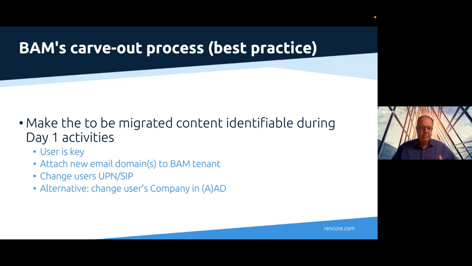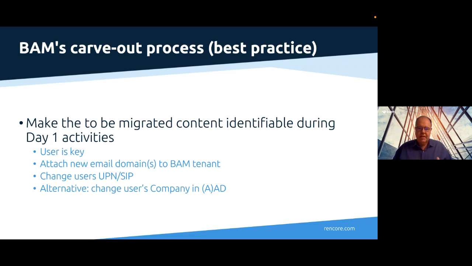These users will go out, but these users are also owners of teams, owners of groups, members of teams, members of SharePoint sites, etc. So you need to be able to identify your users, and that's what we do with what we call the day one activity, changing a user's UPN and SIP address. You can also decide, for instance, to change the company name in the AD as an alternative, so they keep on using their old email address, but change the name of the company.